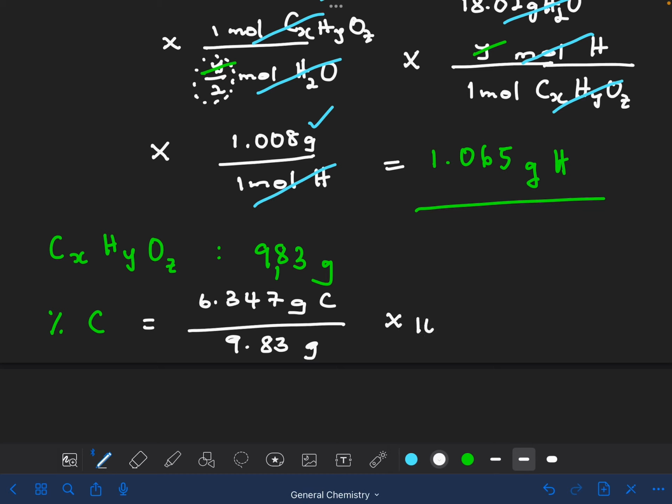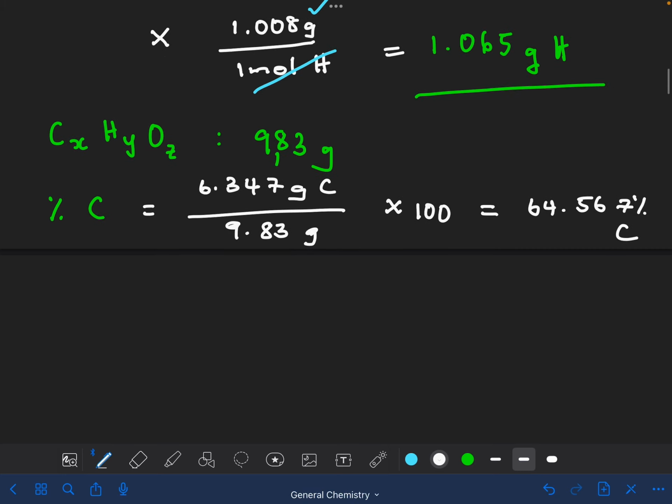Then we're going to multiply that with 100. Okay, so after we have done that, we'll take note that we get 64.567% of carbon.